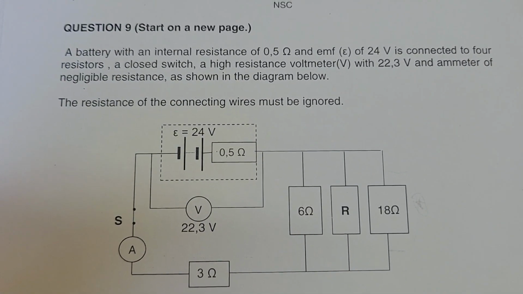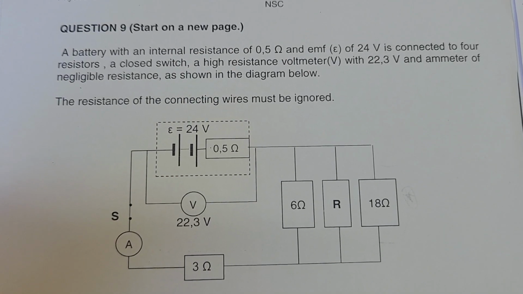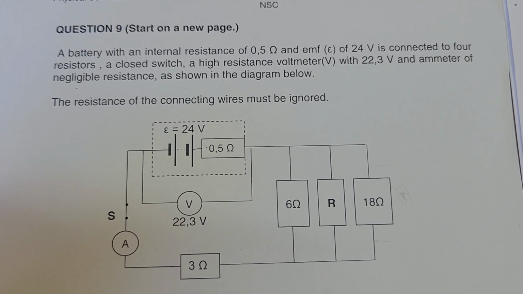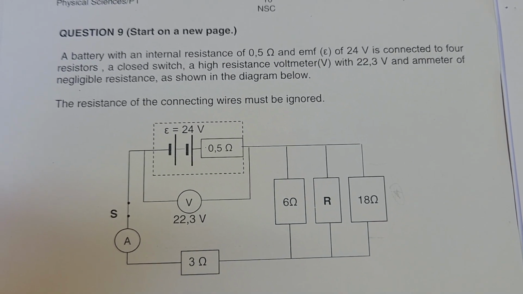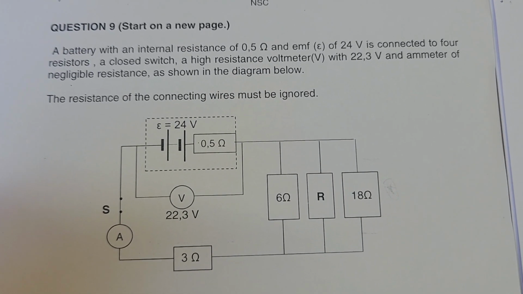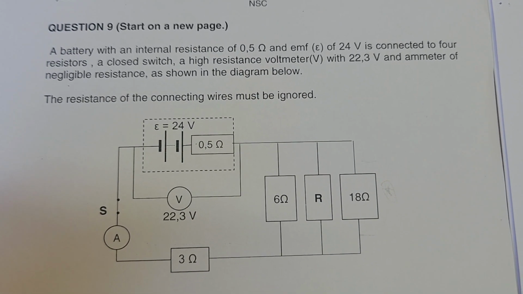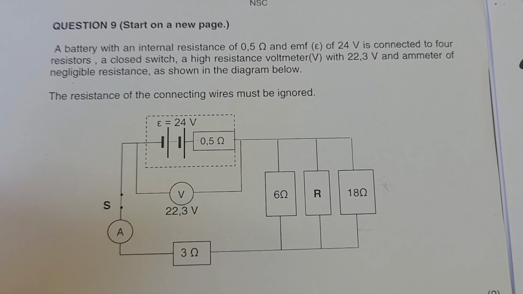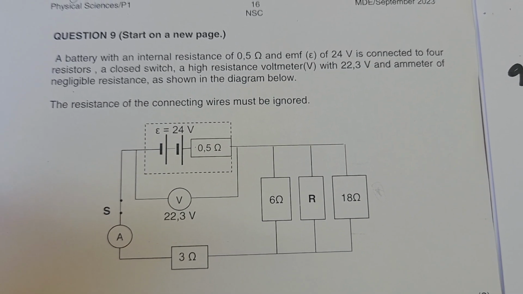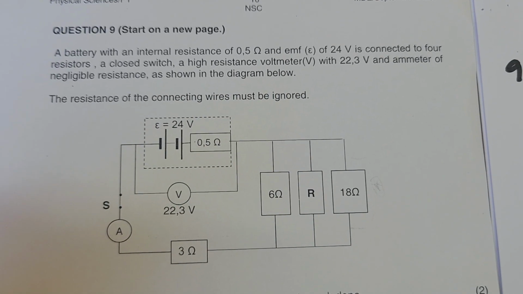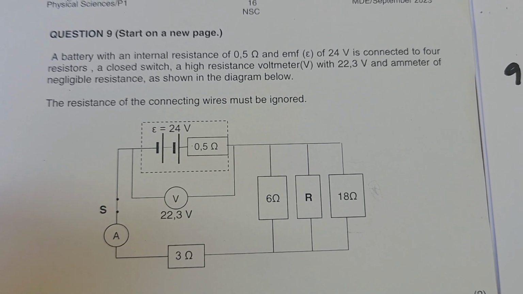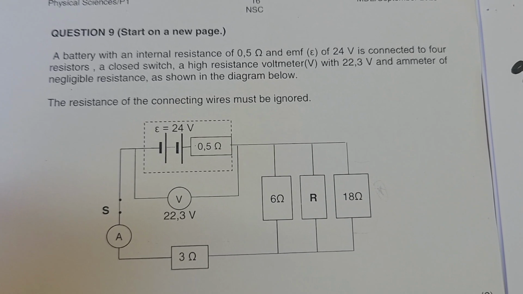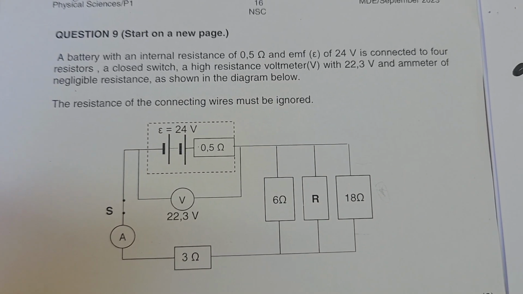Question number 9. The statement is just saying a battery with an internal resistance of 0.5 and an EMF of 24 volts is connected to 4 resistors. Remember, in a circuit we have got a maximum of 5 resistors, including the internal resistance, that is stipulated in the examination guideline.